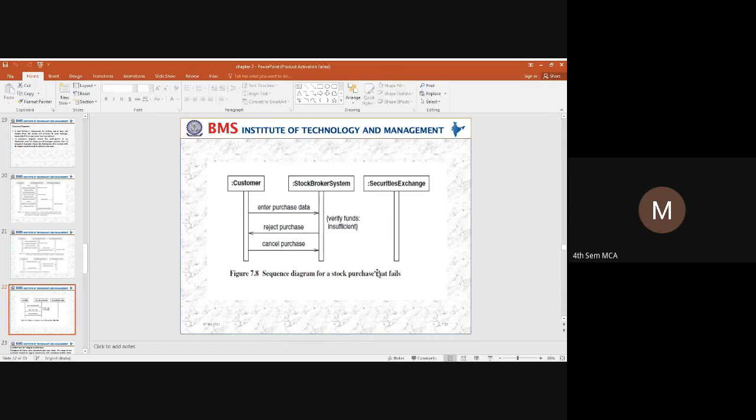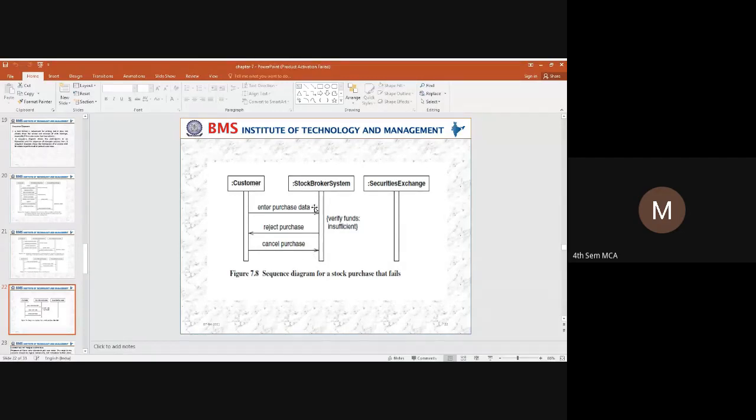If he does not have sufficient funds to purchase, then while verifying the funds, the stock brokerage will say that you do not have sufficient funds to purchase whatever the purchase data or code you have given. So the stock brokerage system will reject the purchase, and the customer can cancel the purchase later.